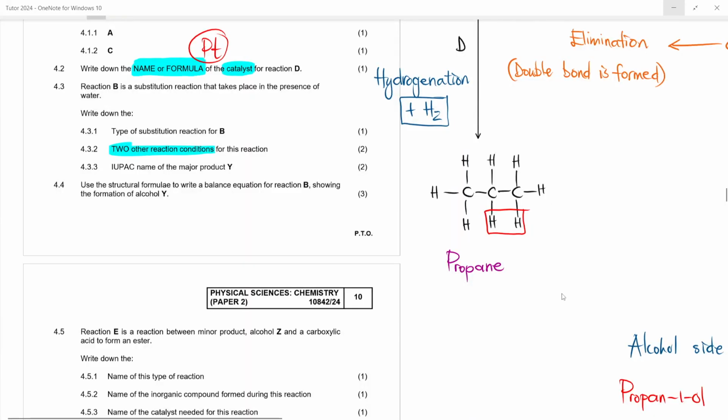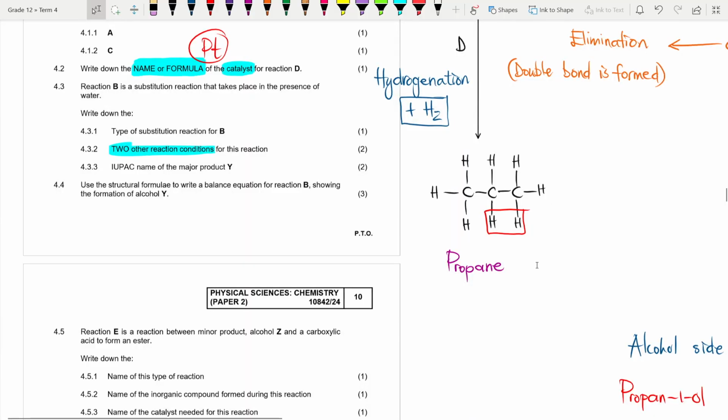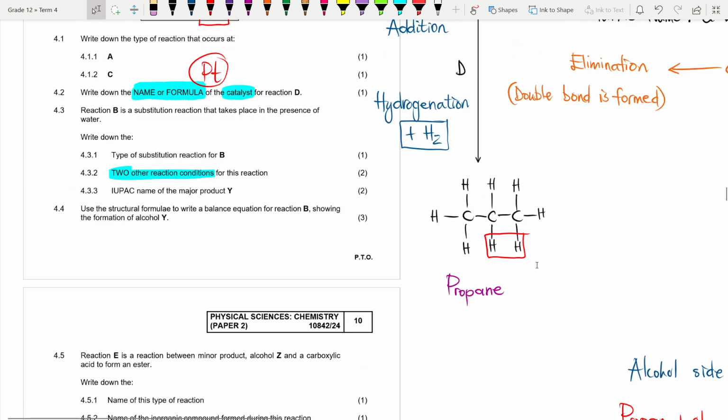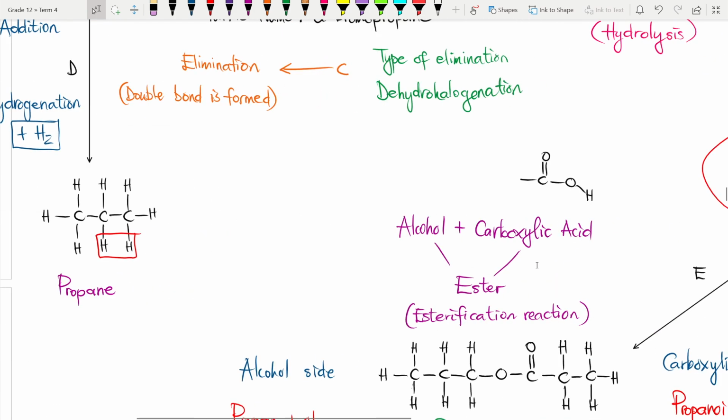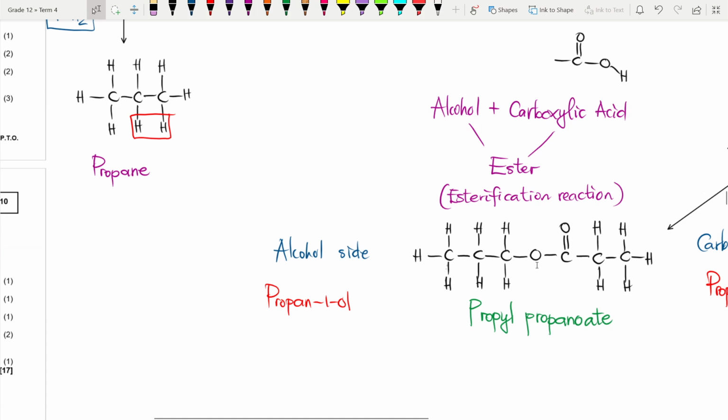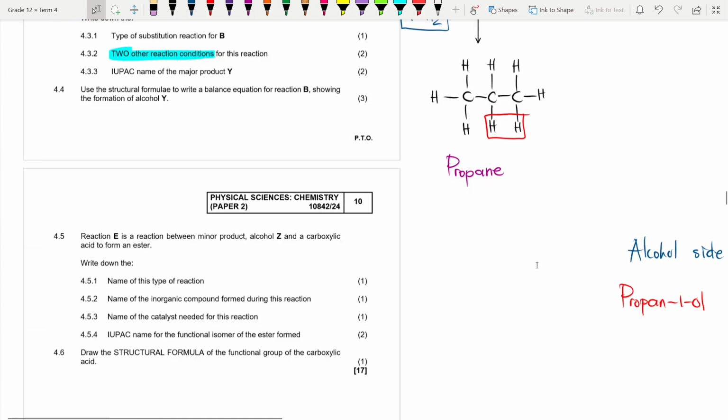Then the two other reaction conditions that we need for, again, reaction B, if I just go back, it's hydrolysis, which is substitution. So what condition do I need for that? I can tell you right now, but again, you have to go back and remember them. I'll also send you the notes, which is a good summary for this. You need a dilute strong base. Dilute. This is always the case for substitution.